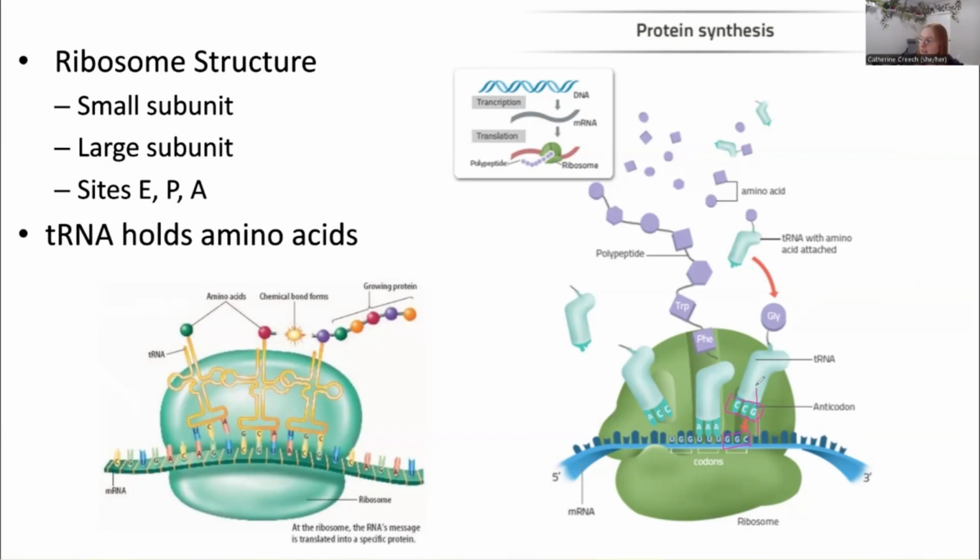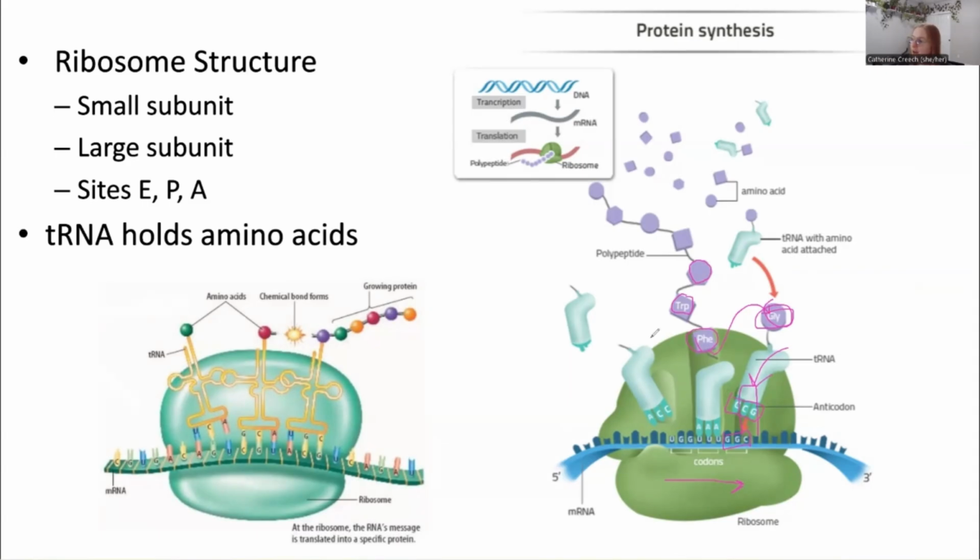Here is the A site, where the new amino acid is being added. This amino acid is shown right here, attached to the transfer RNA. As it adds itself, this ribosome will scoot forward. The polypeptide chain that's being shown here, each of these is an amino acid, is going to detach from this tRNA, and it will attach on top of this one.